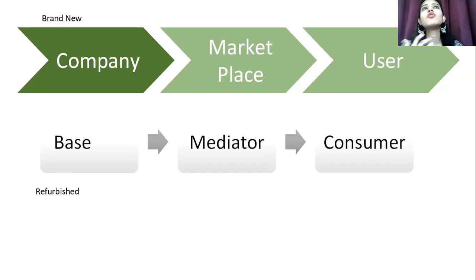It is going to launch its gadget, that is the brand new gadget. Then it goes to a marketplace, a place where the gadget is displayed for users to buy. Now it is ready to be sold. Now it is sold to the users. Now this gadget is owned by the user. This is called owning a gadget.